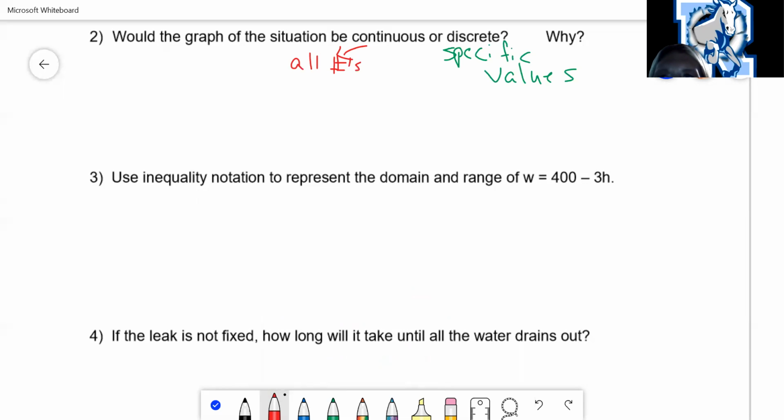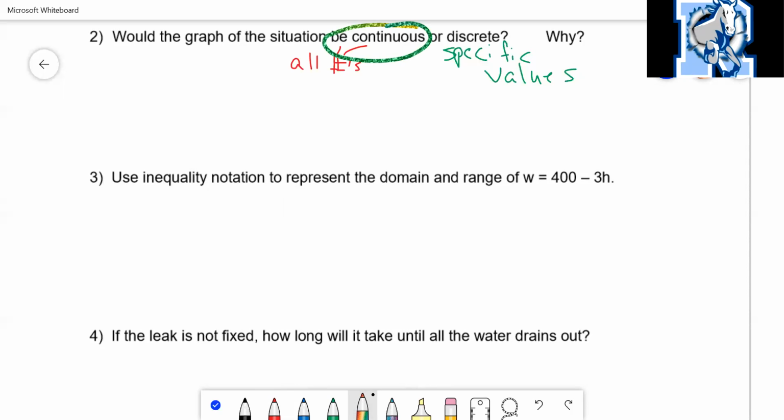We are talking about water draining out of a barrel. Does it go from 400 to 397 just poof like that? Like it magically just jumps to it? Or does it gradually have to keep getting lower and lower, slowly going through all of it? Yeah, it gradually has to keep getting lower and lower. That means it is continuous.